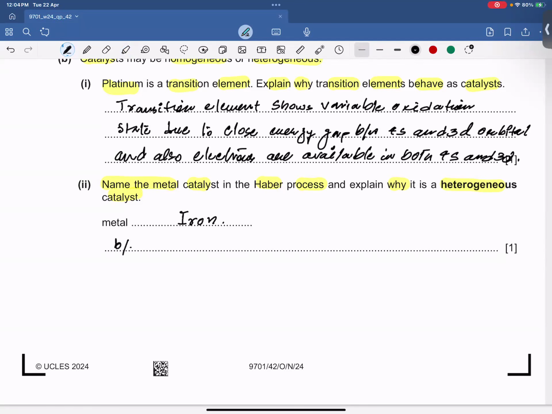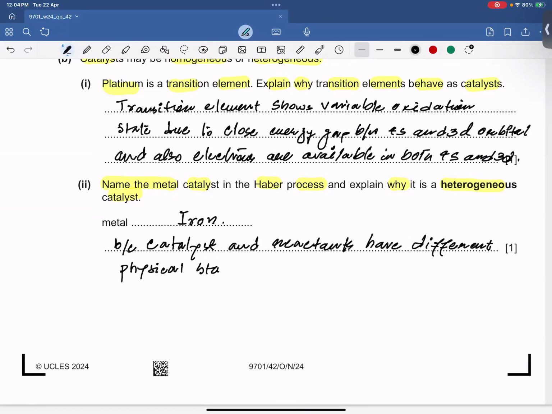Because catalyst and reactants exist in different physical states.